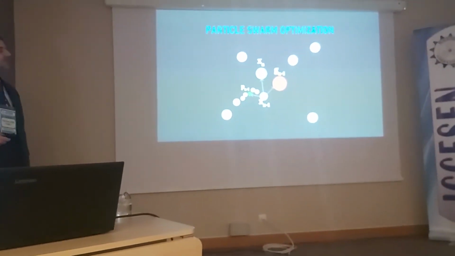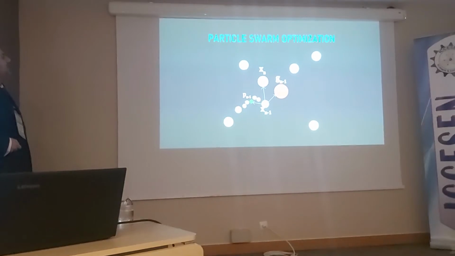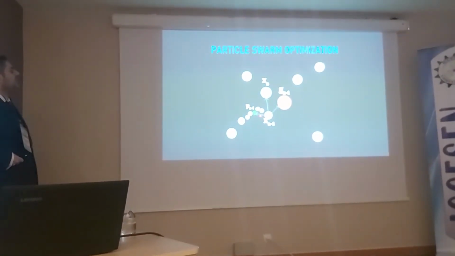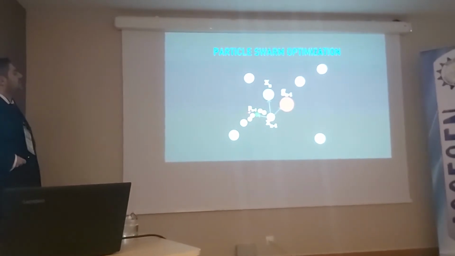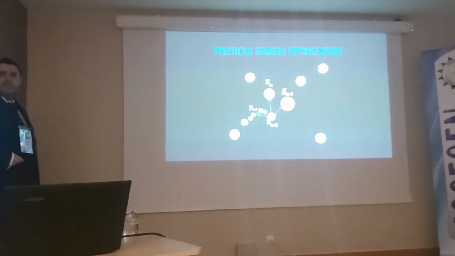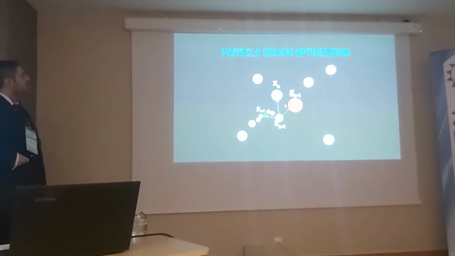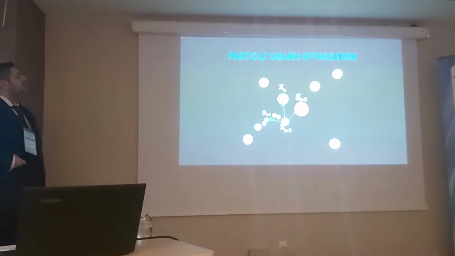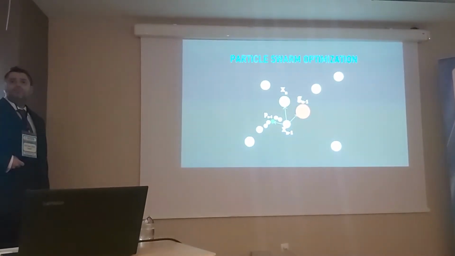The three components of particle swarm optimization are, first, the previous speed of the particle. Second is Pn-1, which is the particle's best known point. And the third is Gn-1, which is the whole swarm's best known point.